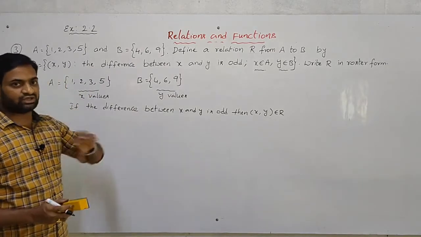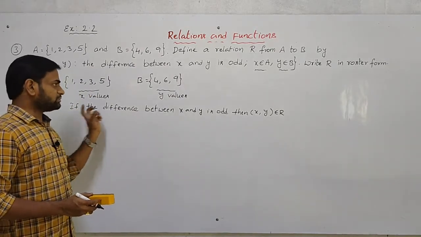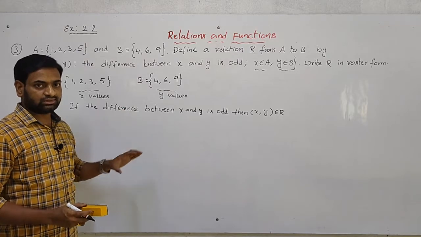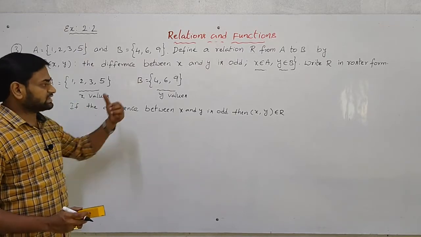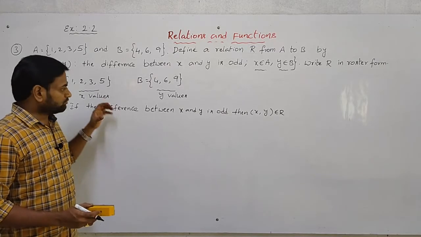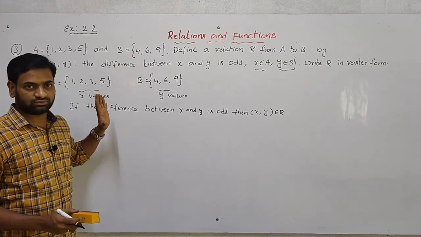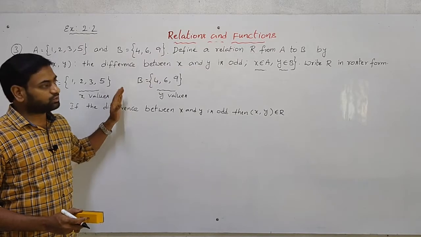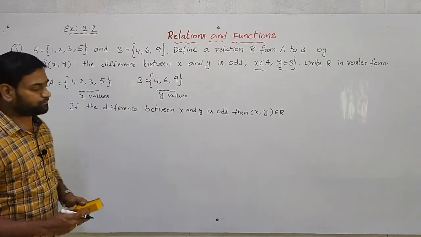What is another way condition? If x comma y belongs to R, then the difference between x and y is odd. That is also we can write, but this one way condition is enough to write in the roster form.